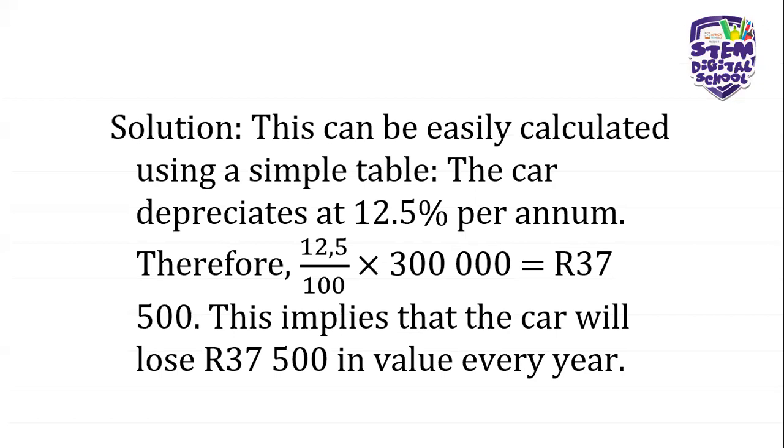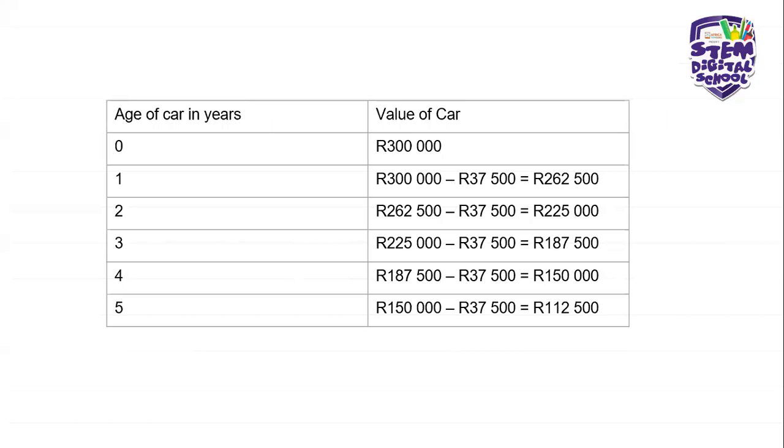And in this case, you can work out a table for yourself where you look at the age of the car in years. Remember that when you buy the car, when you take it out on the first day, you are still at 0. The value of the car, because it's a brand new car, is still the same. It's 300,000 rands.